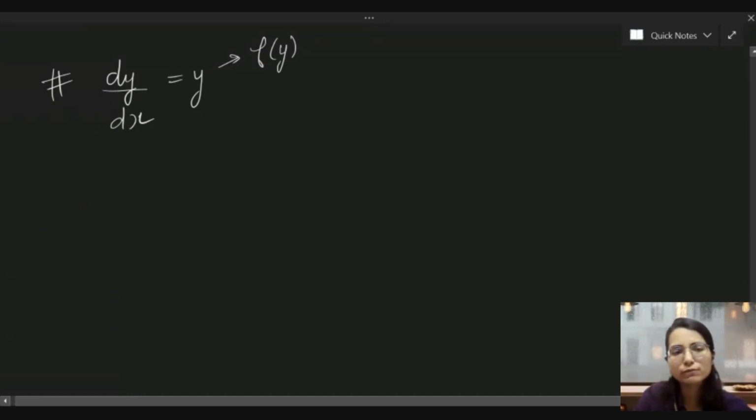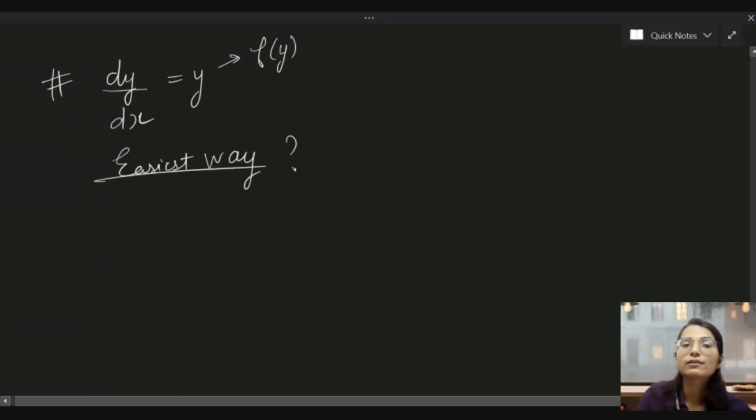How do you find the solution of this differential equation? You might notice that I asked you not to find the solution, but to find the behavior, and now I'm finding the solution of this equation. Yes, sometimes you can find the solution. You don't have to be very rigid about it. So I'm giving you an idea.